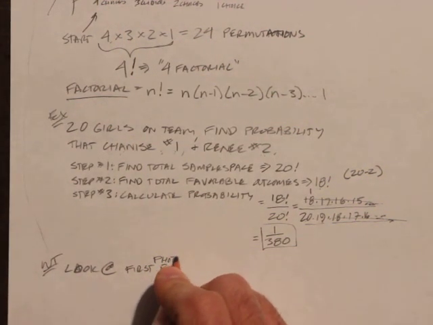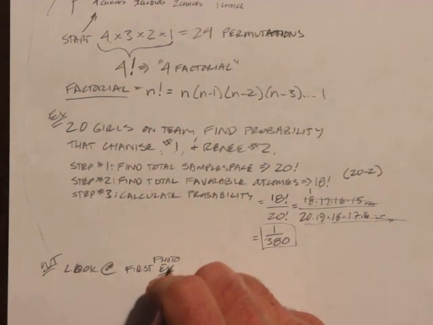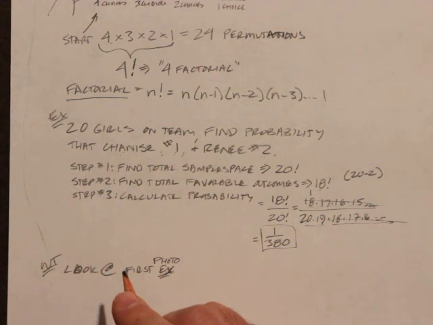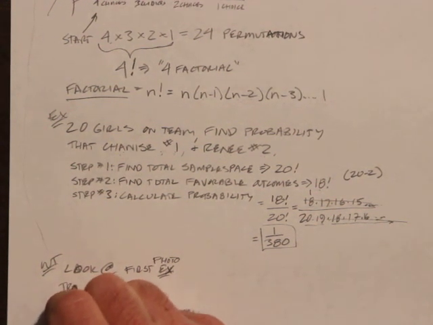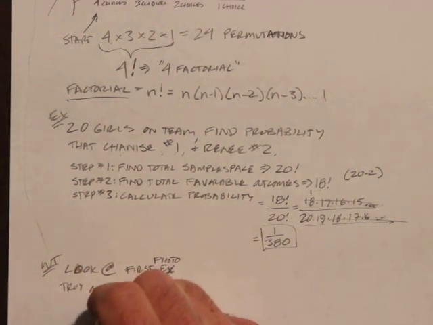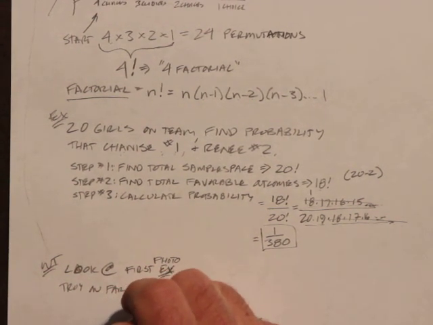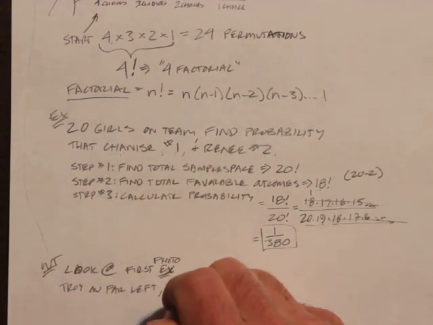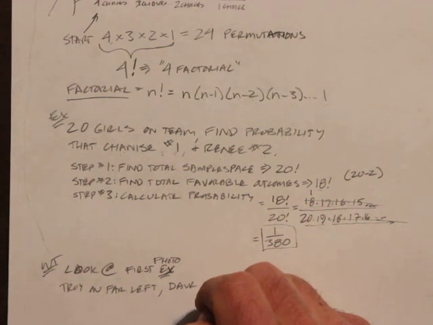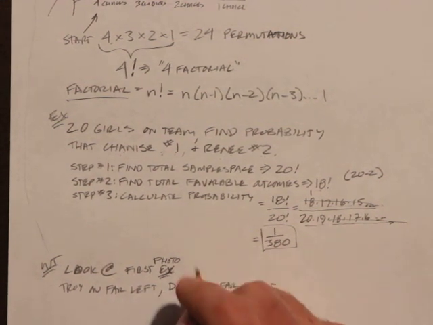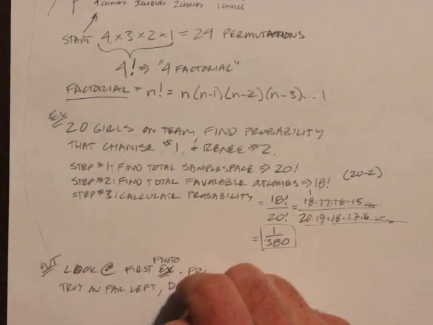What is the probability that Troy would be on the far left and Dave would be at the far right? Troy on far left, Dave on far right. Find the probability of this happening.